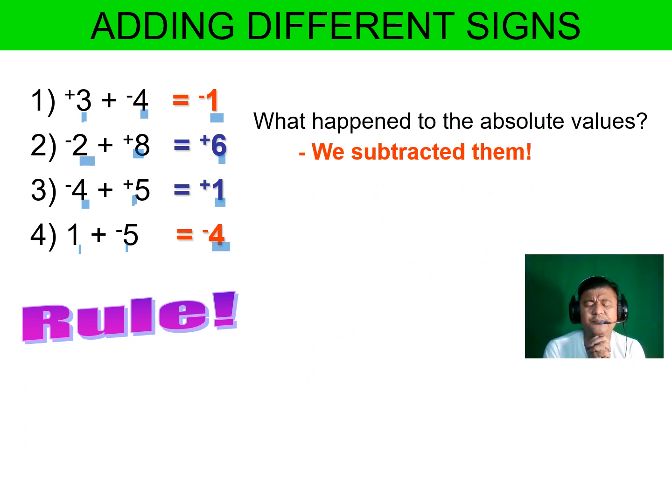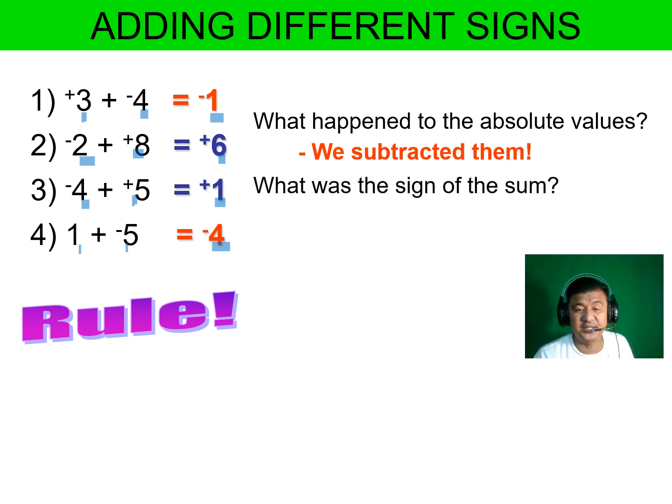But question: how will I know if it's a positive or negative? Remember, one line is longer than the other. How would you know who gets the negative or the positive? Write your observation. How will you know? Write in the comment, write in the chat. Yes, you get the sign of the longer line. The longer absolute value determines the sign.